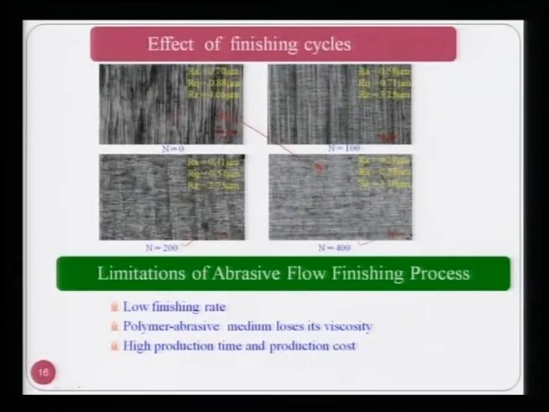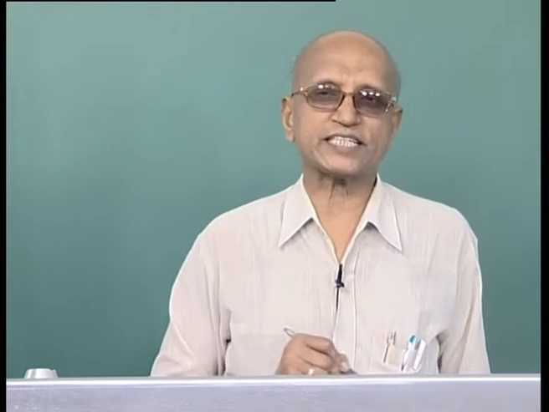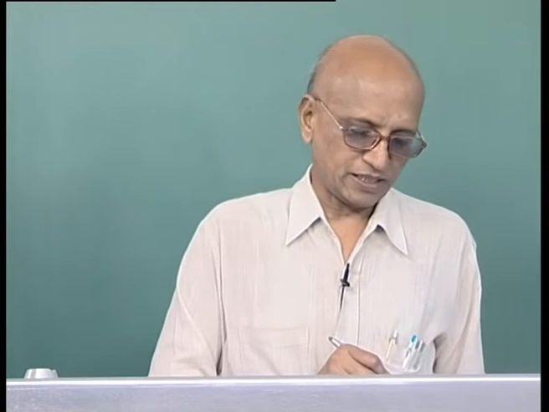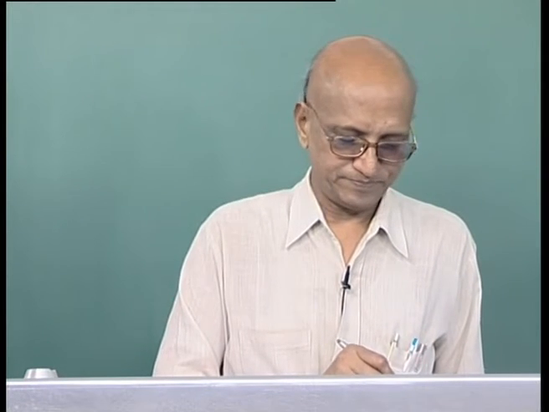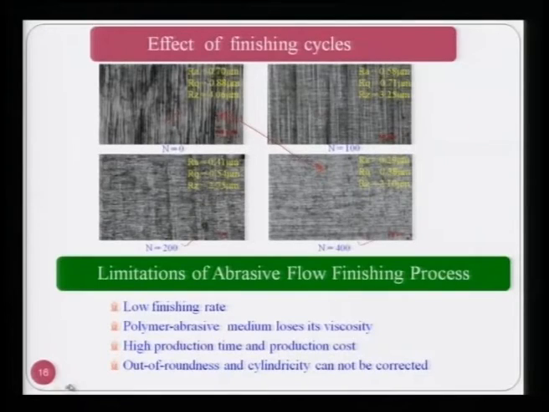Its production time is high and the cost of finishing is also high, because the medium supplied by earlier Extrude Hone, now Kennametal, is quite expensive. So, a lot of research has gone into it at IIT Kanpur to develop a new type of abrasive flow finishing medium. Also, out of roundness and cylindricity cannot be corrected to a large extent.